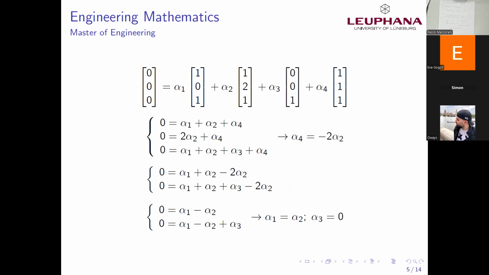Going ahead with the calculation, we have also another condition: alpha 1 equals alpha 2, even though we have alpha 3 equals 0. But we can see that not all the alpha parameters equal 0, and we generated the vector 0.